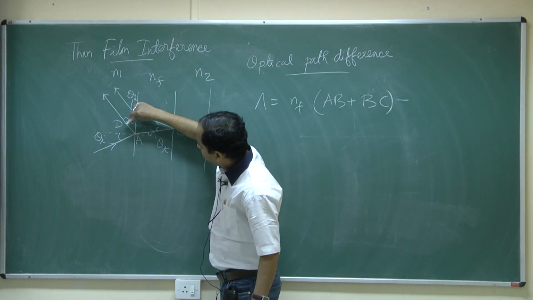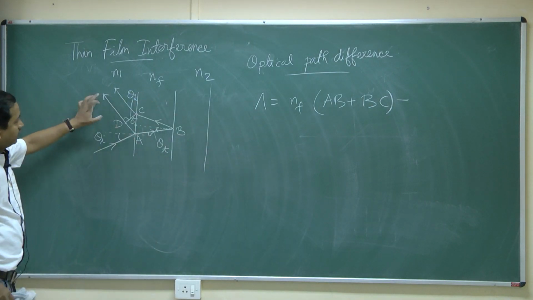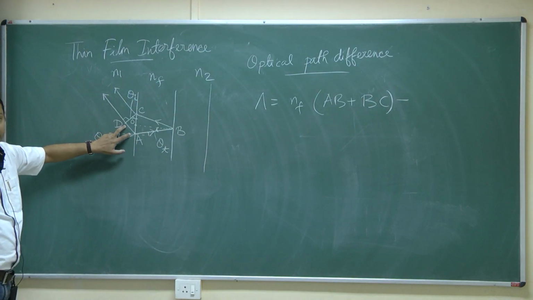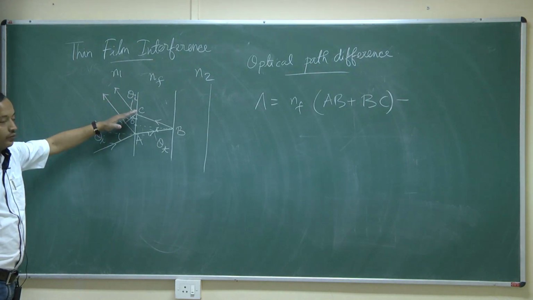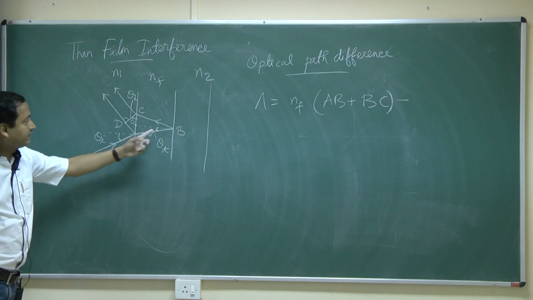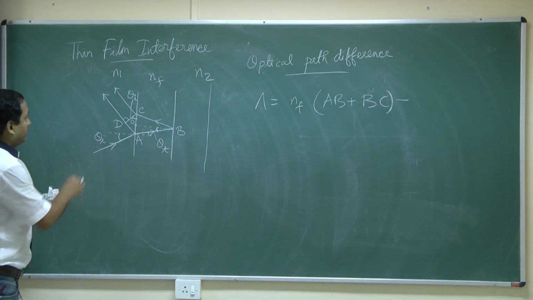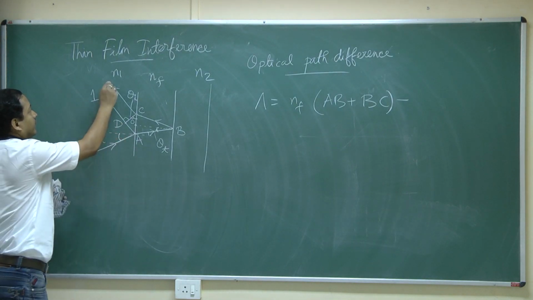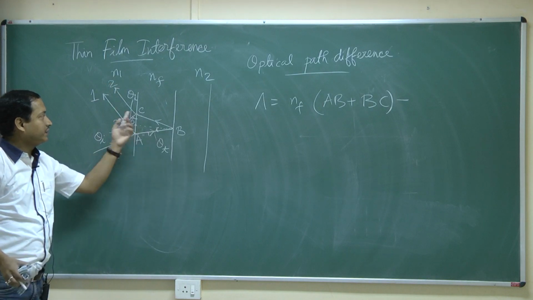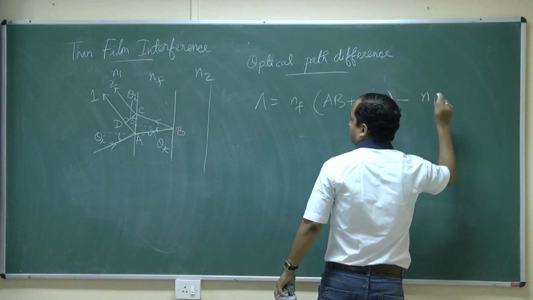You can see this ray travels an additional distance AD in medium of refractive index N1, and the rest is the same for both rays. If I call this ray 1, it has travelled an additional distance AD, and ray 2 has travelled an additional distance AB plus BC. So then this would be N1 times AD.